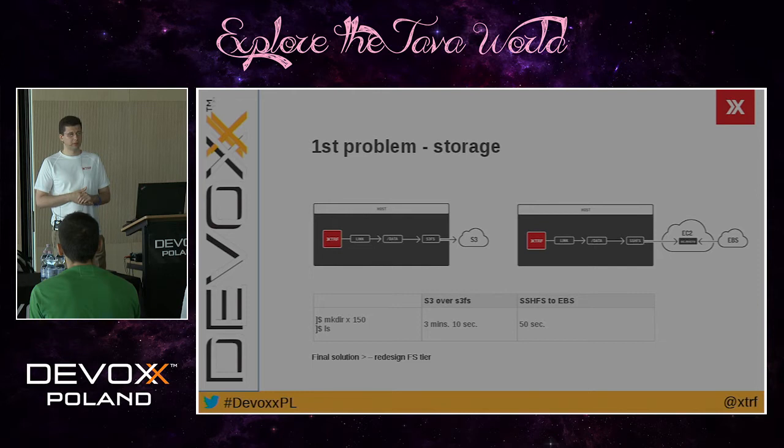You can combine them, create logical volumes, for instance, and mount within EC2 this Amazon Cloud tier as local file system and expose it. So we exposed this file system over SSHFS. Yet another, let's say, hacker trick, and we did manage to decrease this duration to 50 seconds. Well, slightly better, but still not great.